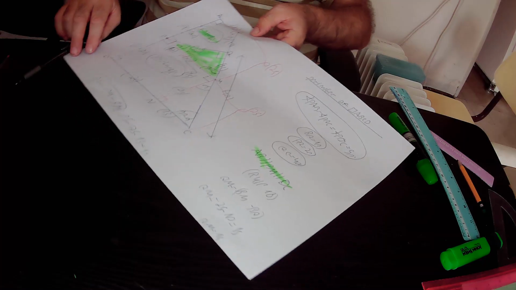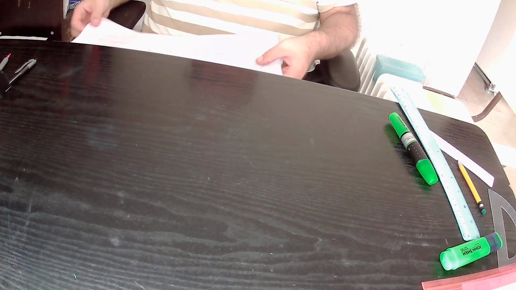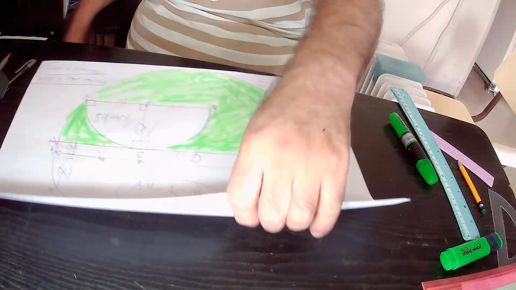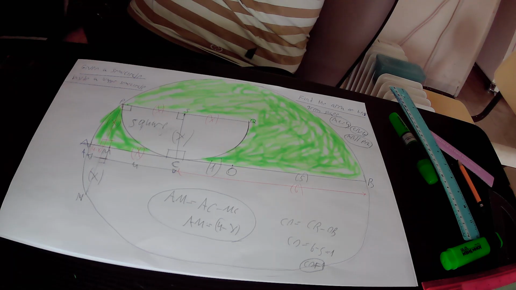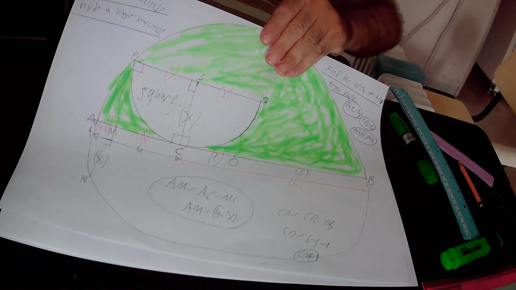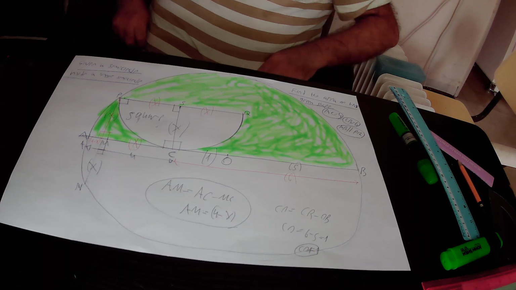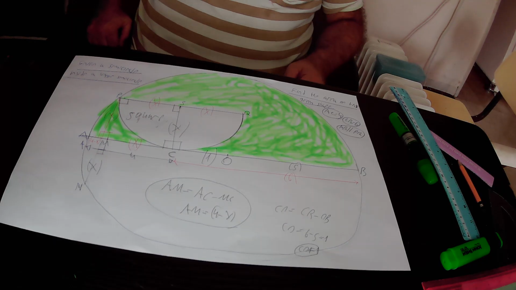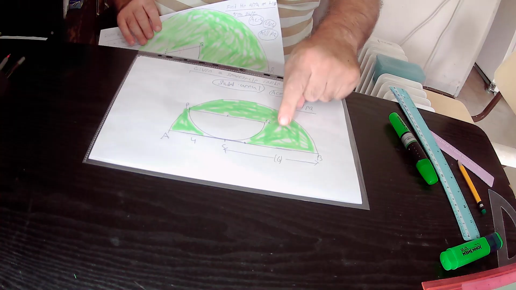In the next step, I recap the solution of the second question. In the second question, our task was to find the area of this ring shape.